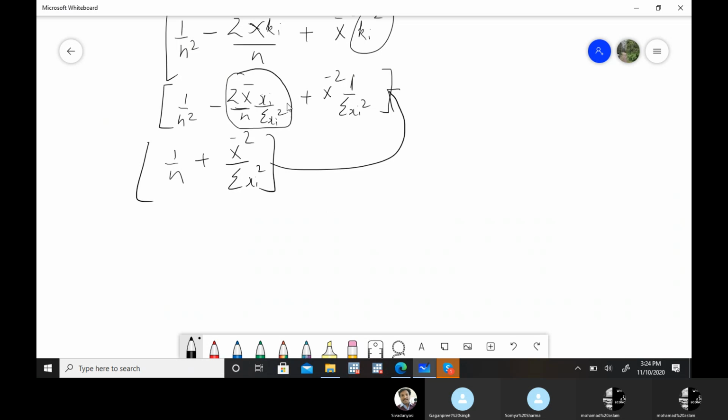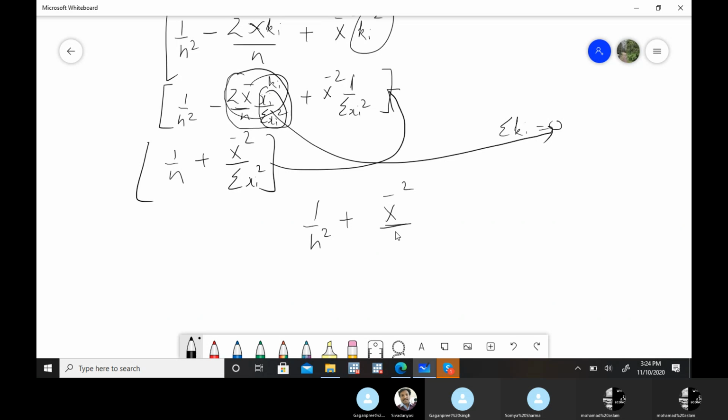Even if I do not use this particular value and use it as ki, summation ki is equal to 0, so this whole term will become 0. So we remain with n square and the other term, mean square upon summation xi square.